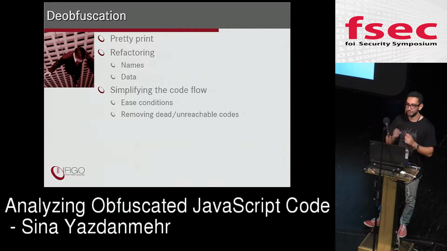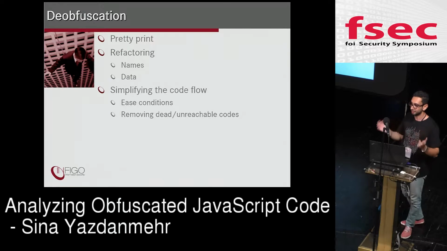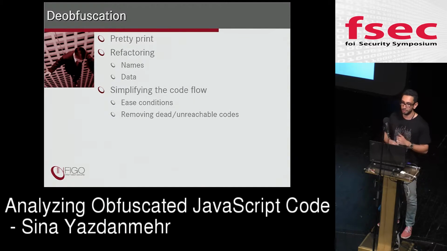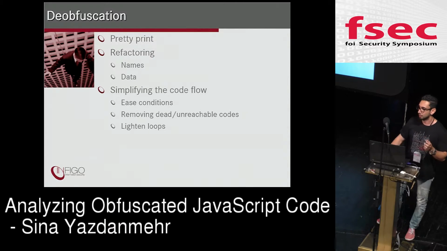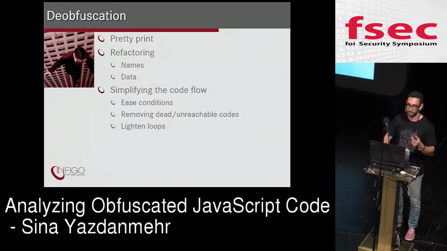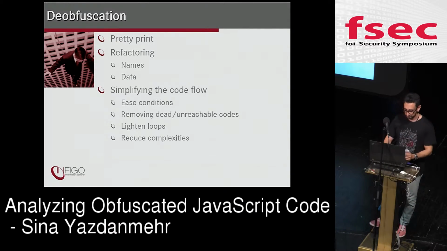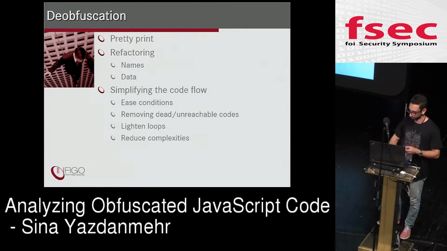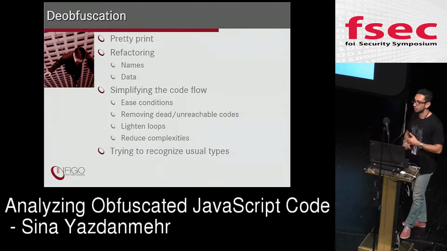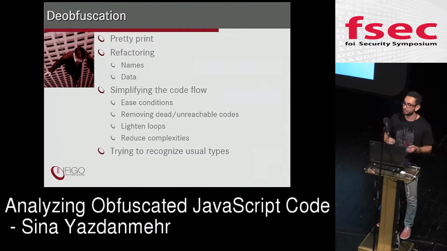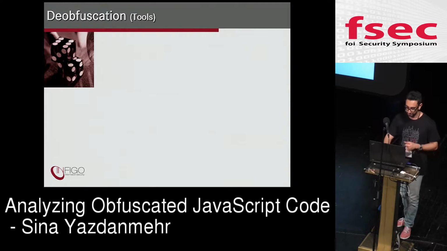Then remove dead and unreachable code because they aren't important in your code. They just make your code uglier. Then lighten the loops. As we saw, loops can be abused in order to make the code more and more complex. Then reduce any complexities in each part of code, in each condition. And try to recognize the common type. So if you know the common types, you know the obfuscation approach, and you won't spend more time on that.